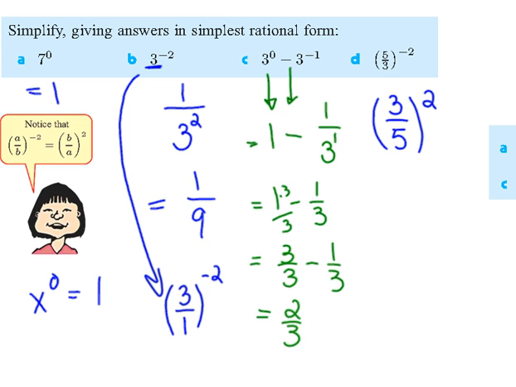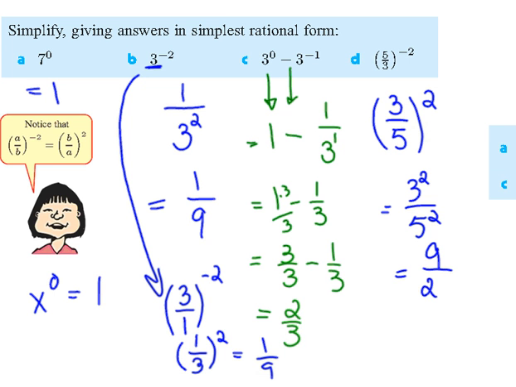And so what our exponent does is it reciprocates that. It makes it 1 over 3 and then squared. And if we square 1, we've still got 1. So 1 over 9. And we've done the same thing in part D here. So we reciprocated it. We've just got to square both the numerator and the denominator. So you can leave it like that, or you can simplify it further, 9 over 25.